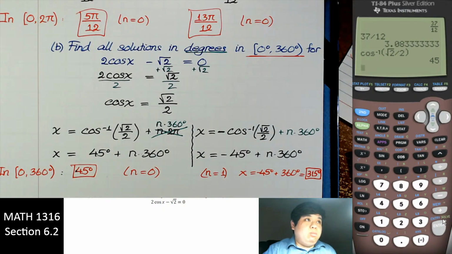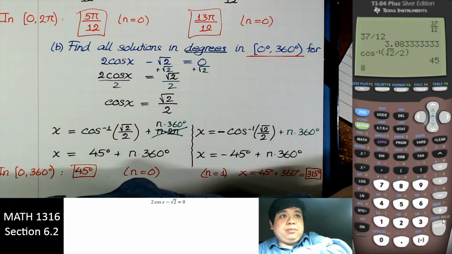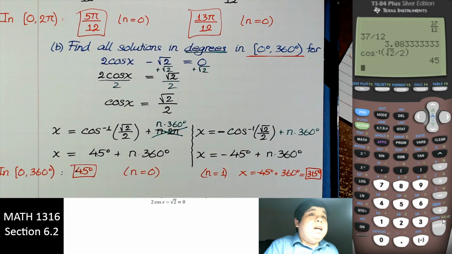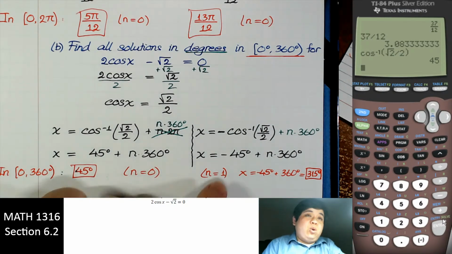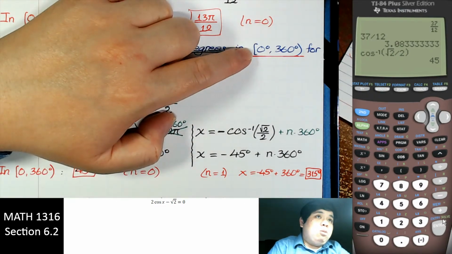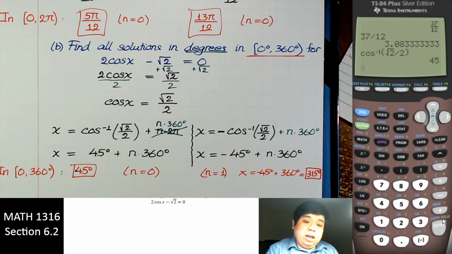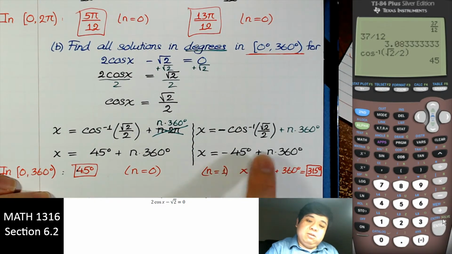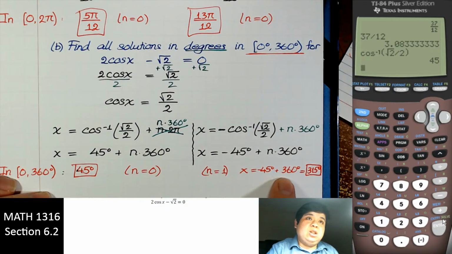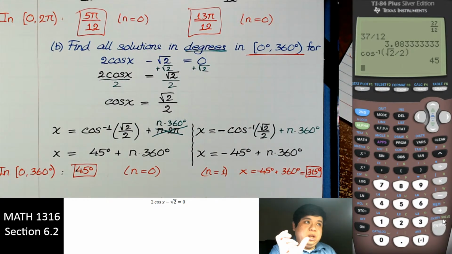So we have the solutions 45 degrees and 315 degrees. Of course you can also say negative 45 degrees, but because in this problem we want from 0 to 360, we need an answer that is between 0 and 360 degrees. If it is negative, we just add 360 to it, or subtract 360 from it, until the answer is between 0 and 360 degrees.